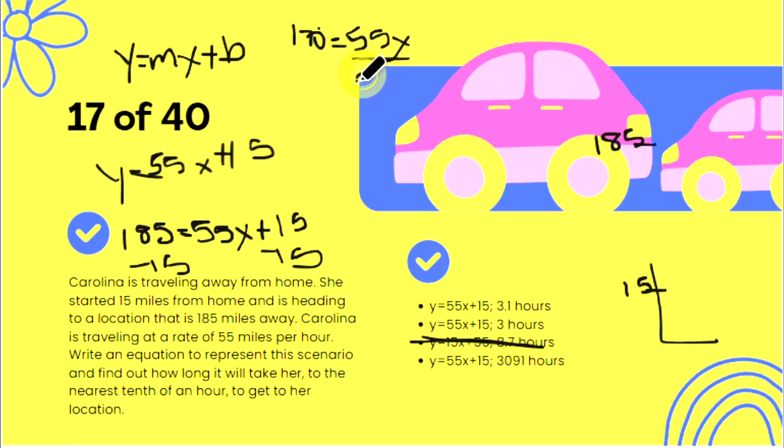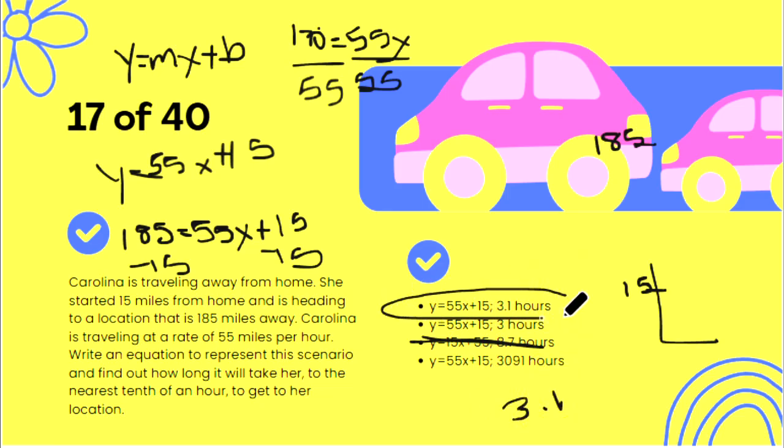We're going to divide both sides by 55. And it's calculator time. We have 170 divided by 55 gives us 3.09. It wants us to round to the nearest tenth, so it's going to be 3.1 hours. This is our correct answer.